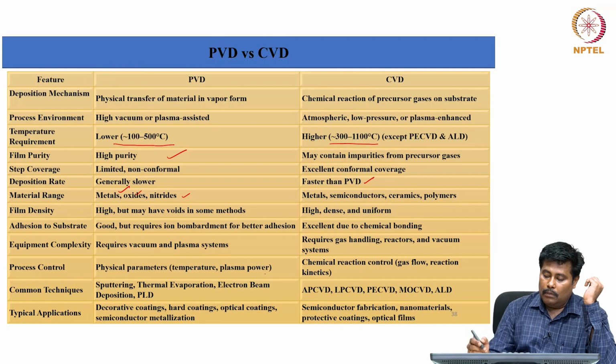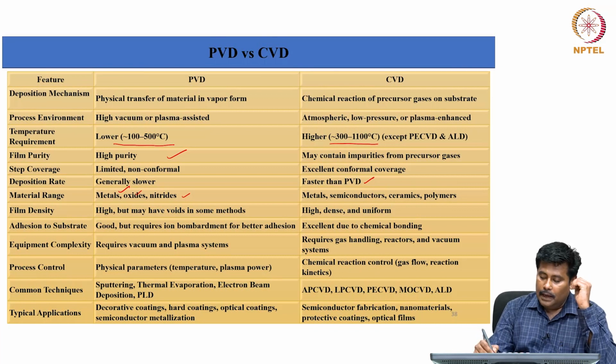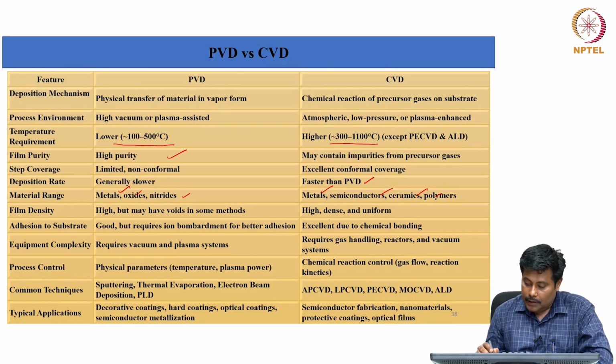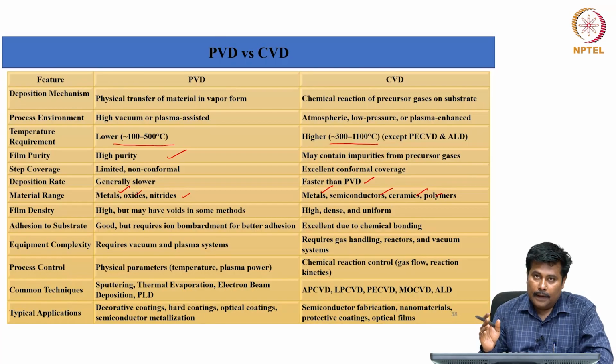With reference to material range, PVD exhibits metals, oxides and nitrides. On the other hand, CVD exhibits metals, semiconductors, ceramics and polymers. From a film density point of view, PVD is high but may have voids in some methods, whereas CVD is high, dense and uniform.